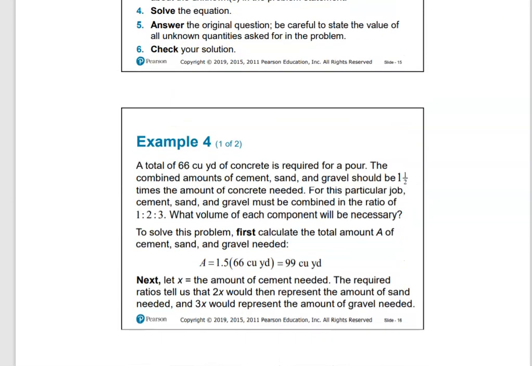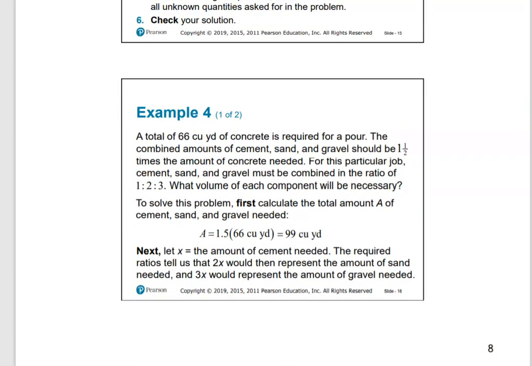So we have a total of 66 cubic yards of concrete, which is our equal sign, required for a pour.